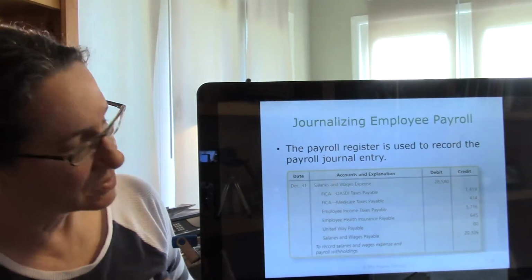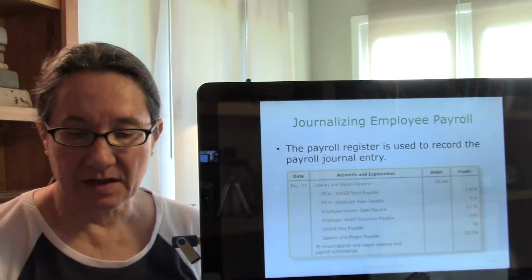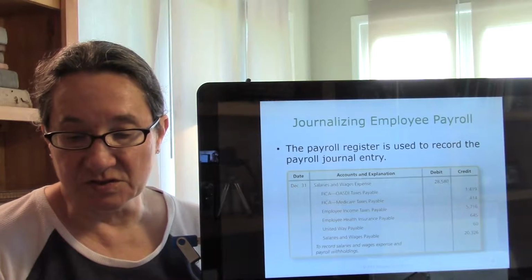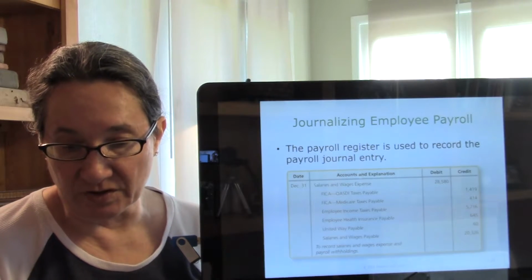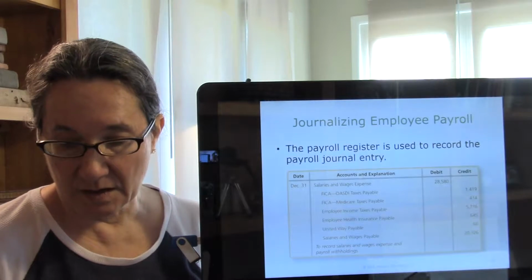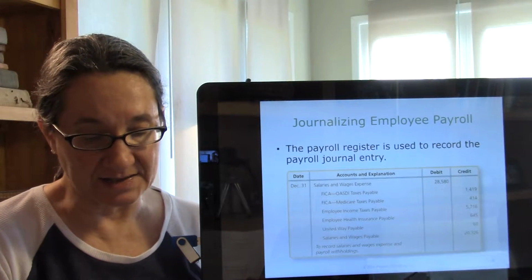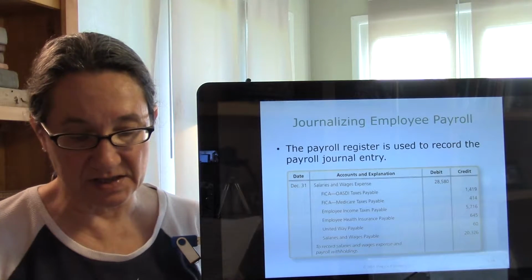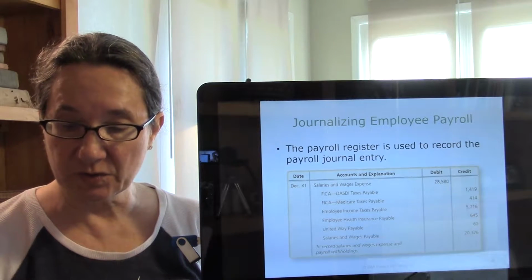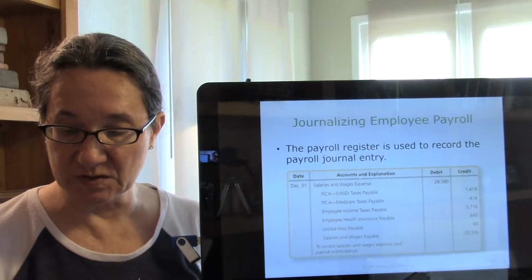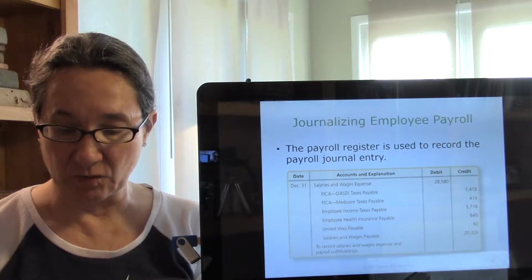So here you go, journalizing employee payroll. The payroll register is used to record the payroll journal entry. Payroll and payroll withholdings are recorded as liabilities until the amounts are paid. The totals from the payroll register will be used to create the journal entry for Smart Touch Learning.